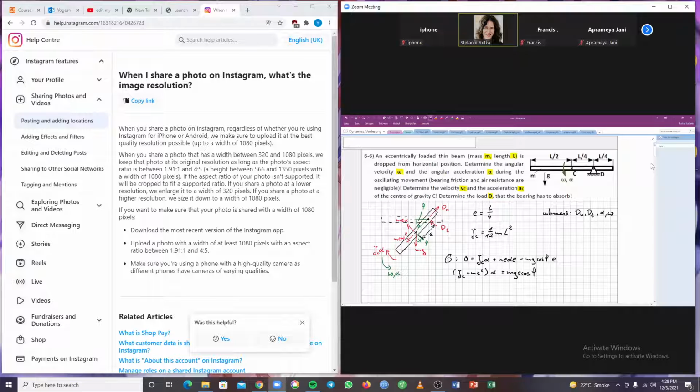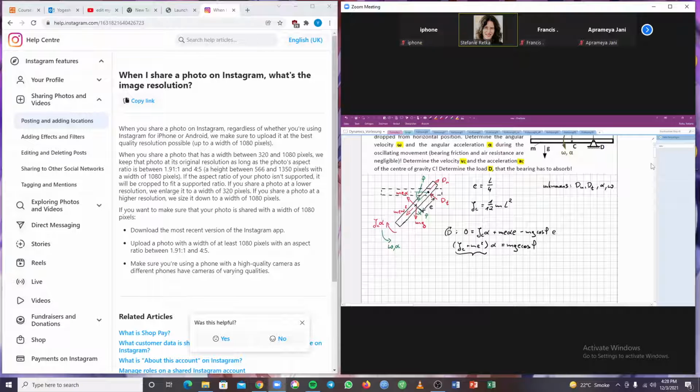And this here corresponds to our mass moment of inertia with respect to the axis of rotation, D being the axis of rotation in our specific problem. Now we can substitute the mass moment of inertia at the center of gravity, and we can substitute E by L over 4.